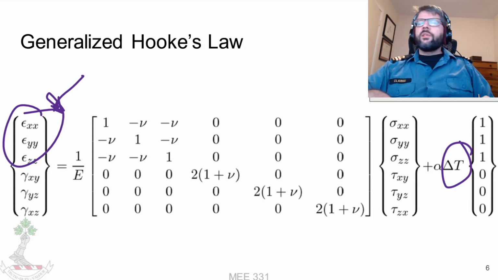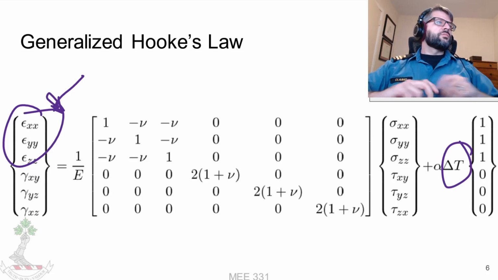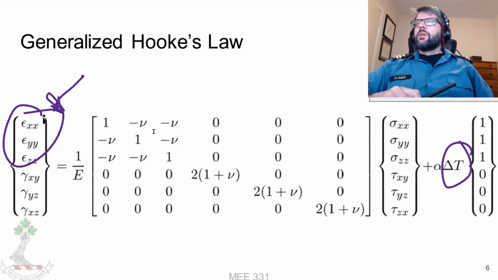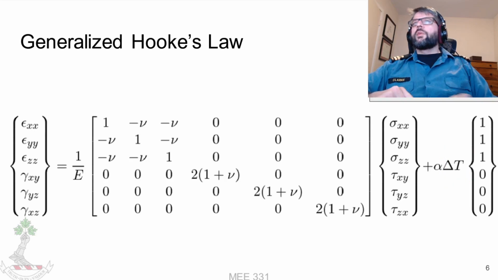You can work from one end of the equation to the other, and it all still works out. So that's how we get a nice big matrix that allows us to interrelate all of those topics we talked about.